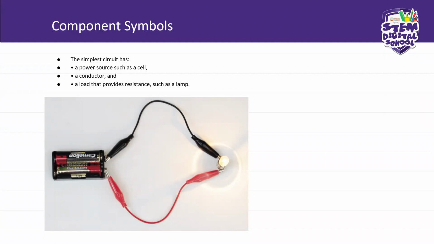If the output here was a buzzer, the resistance would be provided by the buzzer. So in a simple circuit, we say resistance is given by the output component. Your conductor transmits current.